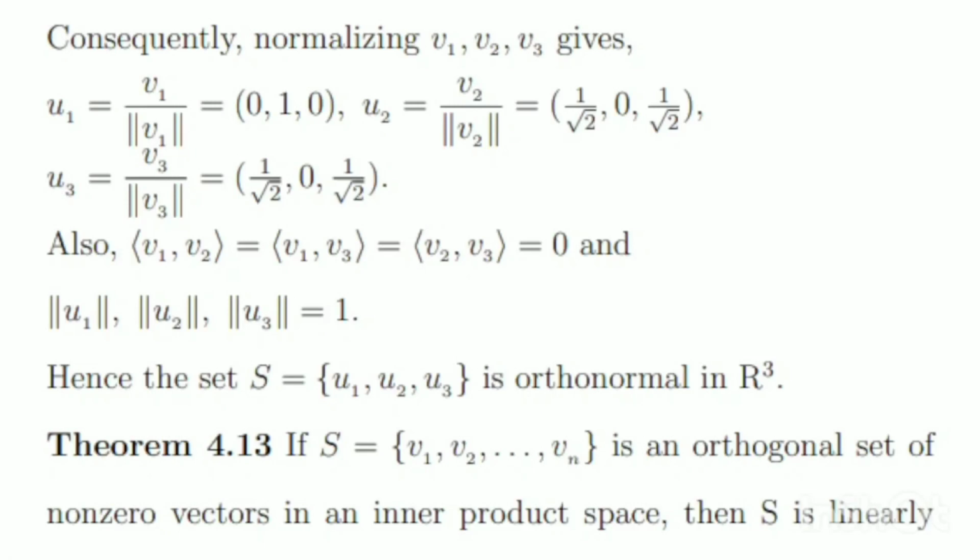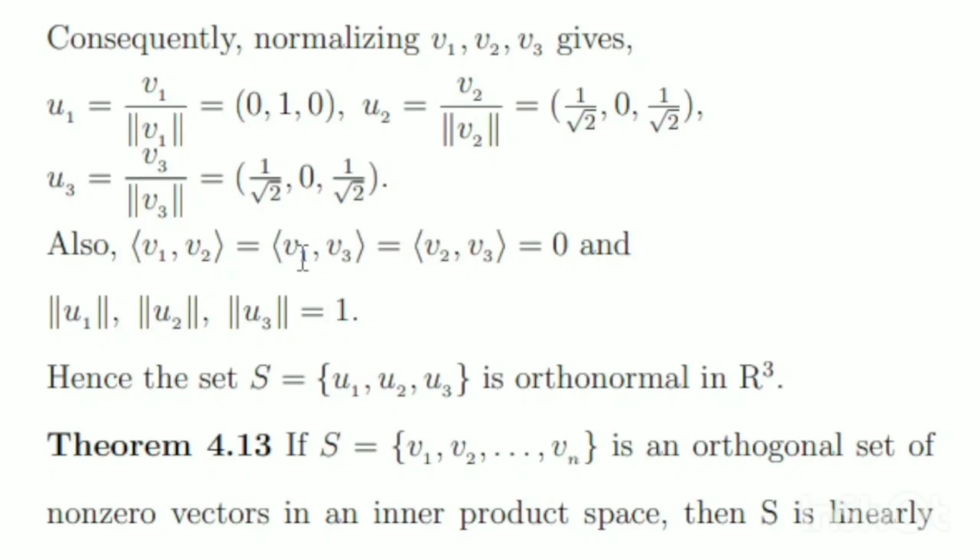Consequently, normalizing v1, v2, v3 gives u1 equal to v1 divided by norm of v1, that is (0, 1, 0). u2 is equal to (1 by root 2, 0, 1 by root 2), and u3 is (1 by root 2, 0, -1 by root 2).